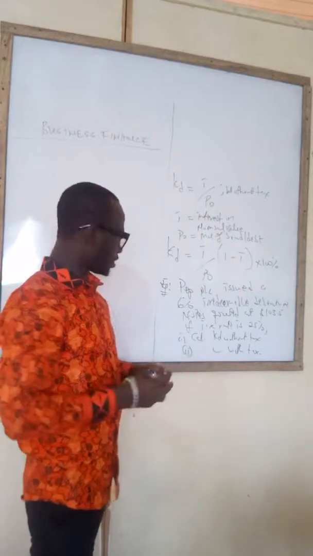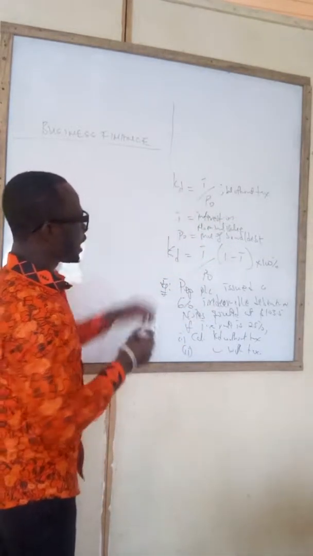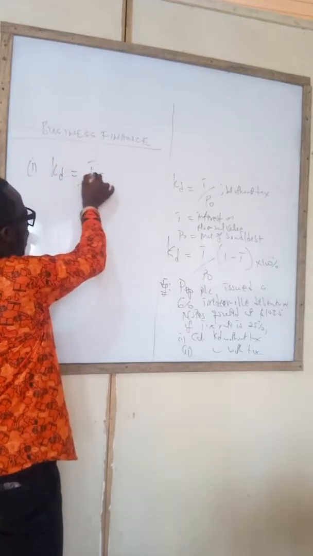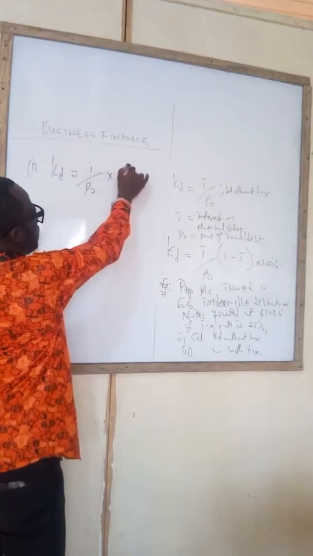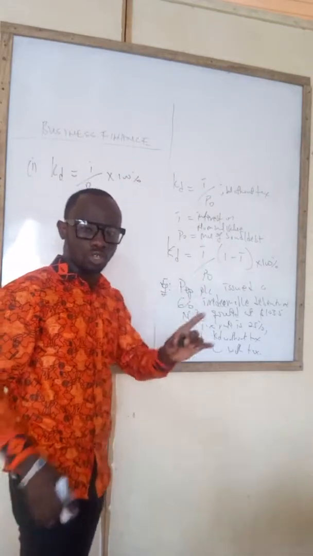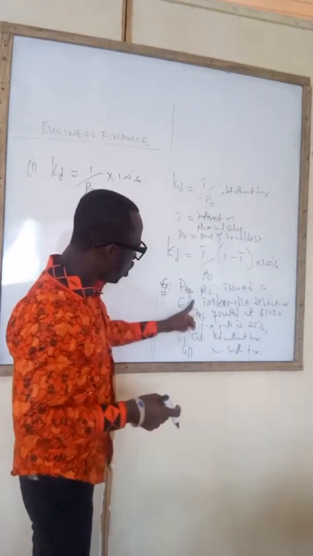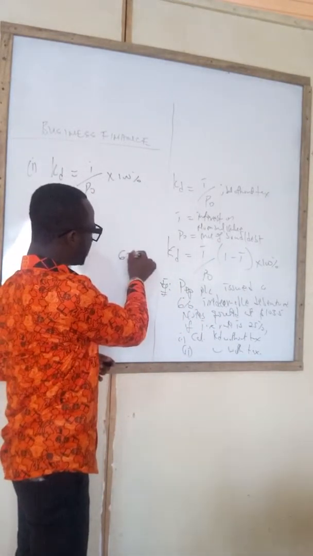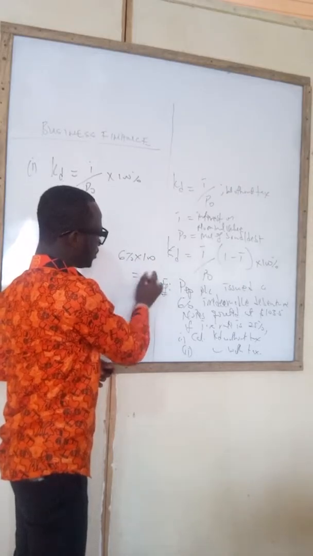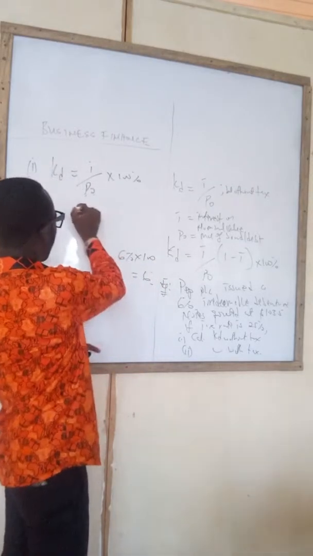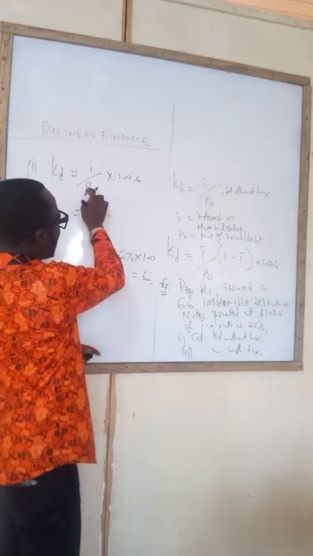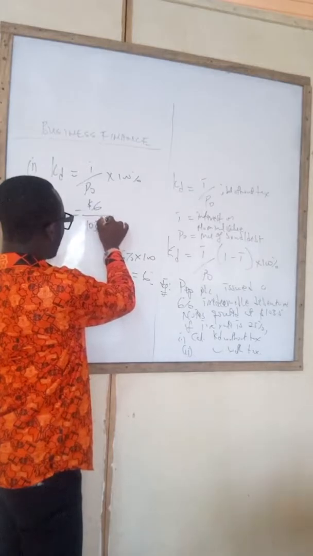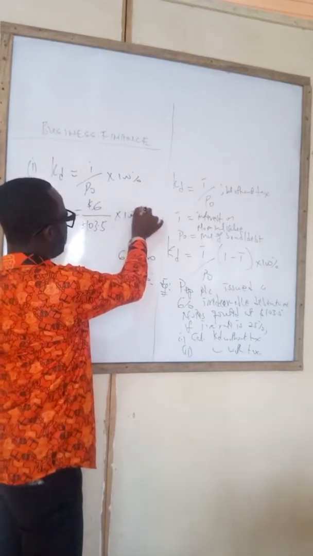So first, KD without tax, we said KD equals I over PO times 100%. Now remember what I told you. I told you that the interest is always on what? $100 nominal. So when you take 6% times 100, that will give us $6. So our answer will be $6 divided by the PO, the market value of the bond, which is $103.5, times 100%.